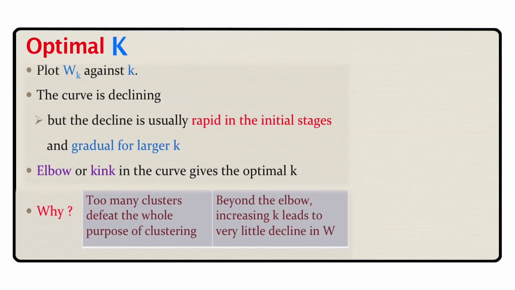And beyond the elbow, increasing the number of clusters does not much improve the within cluster variability. So we should stop when we find that we have very distinct clusters, and splitting them does not lead to any better result.